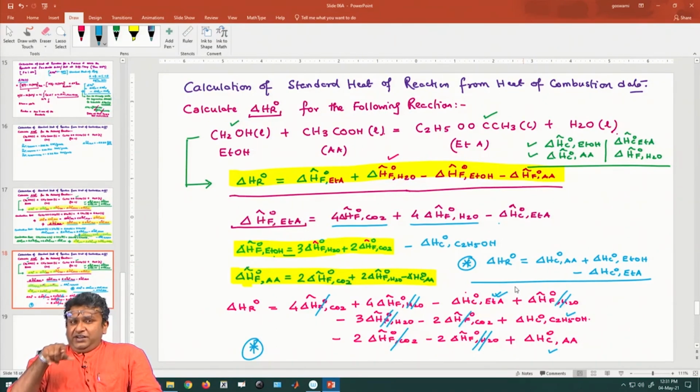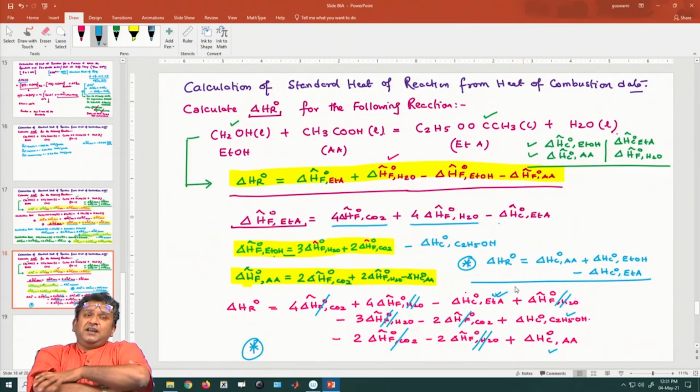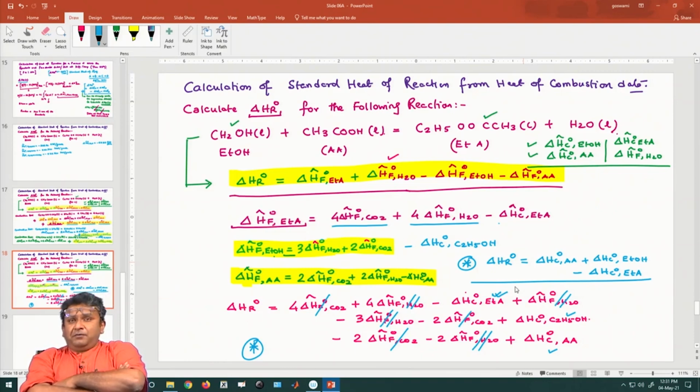But what you see over here is a very interesting relation, which you have essentially derived right in front of your eyes: the standard heat of reaction turns out to be the summation of the heat of combustion of the reactants minus the heat of combustion of the products, of course. Water is of course not present, right.